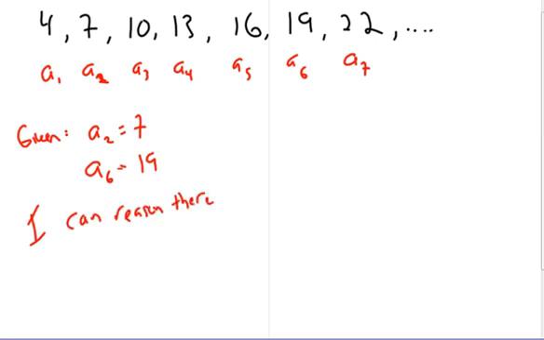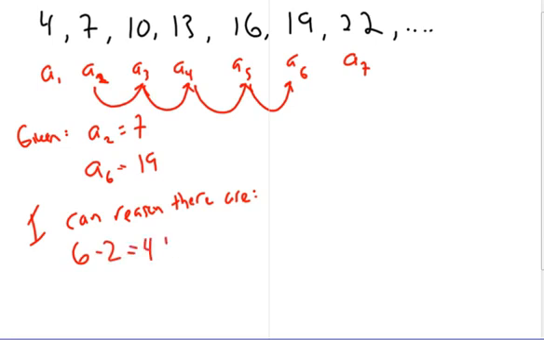I can reason that there are from A2 to A6 1, 2, 3, 4 hops. Okay, so 6 minus 2 is 4. So there were 4 hops, which is the best term in terms of talking about how many there are.